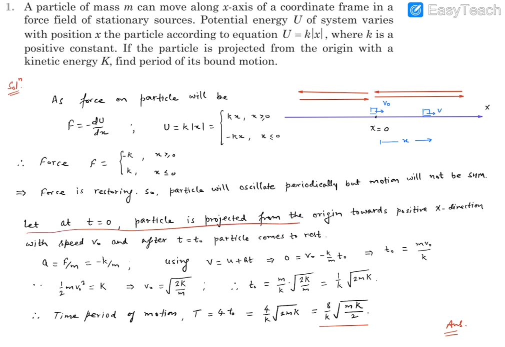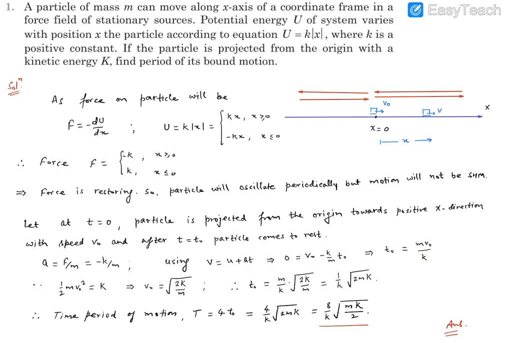Let t equal to 0, the particle is projected from the origin towards the positive x direction with velocity v naught, and after t equal to t naught, the particle comes to rest for the first time. So the acceleration, rather retardation, is equal to minus k by m, initial velocity was v naught, final velocity is 0, so t naught can be calculated as m v naught by k.